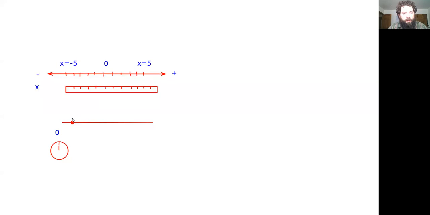And then as it moves down here, it'll move some. So if each one of these is, say, a second, then that'd be a quarter of a second. Or if that was a minute, then that would be 15 seconds.